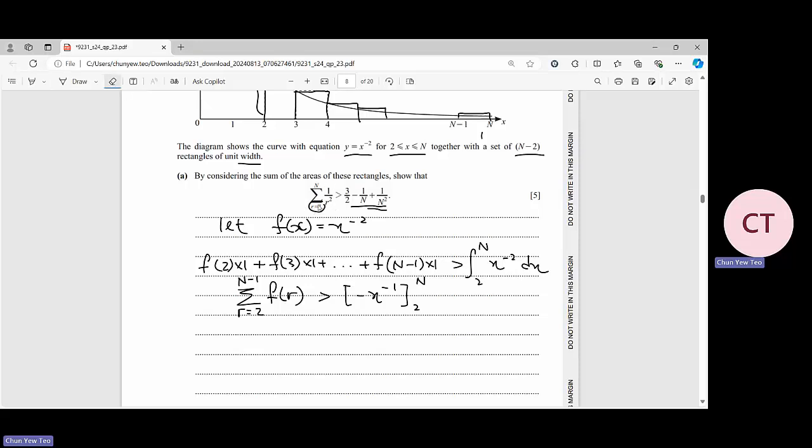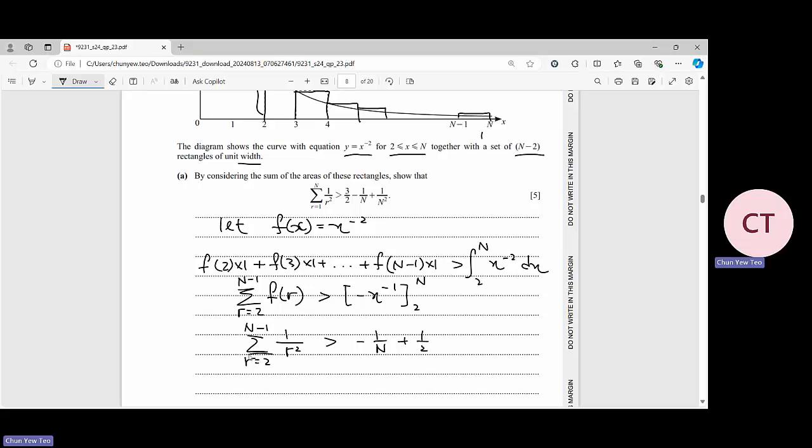So what you need to do is make this r equal to 2, this 1 over r squared, to n minus 1. First of all, I write it like this: negative 1 over n plus a half. So this is what I have.